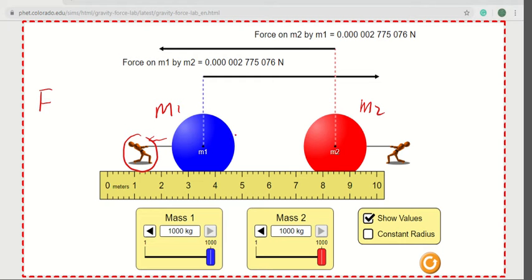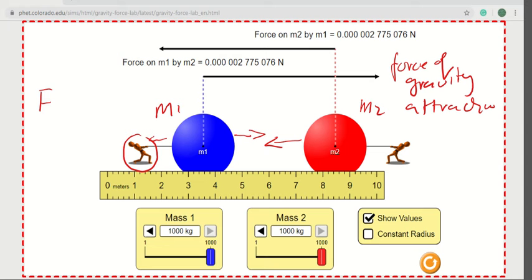That means this mass is attracted towards mass 2, and mass 2 is attracted towards mass 1. So the force of gravity is always attractive. Mass 2 attracts mass 1, and mass 1 attracts mass 2.